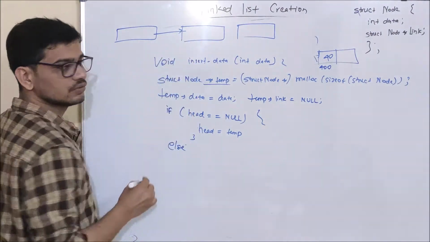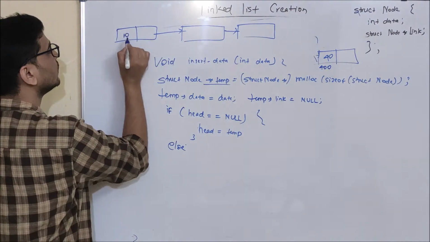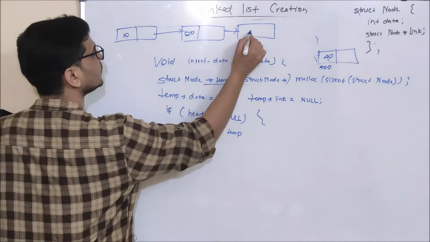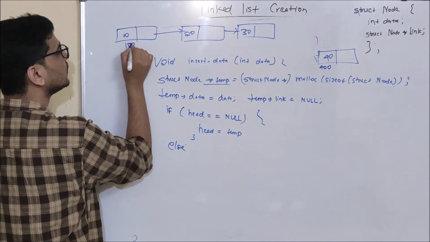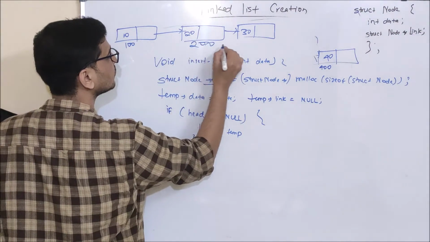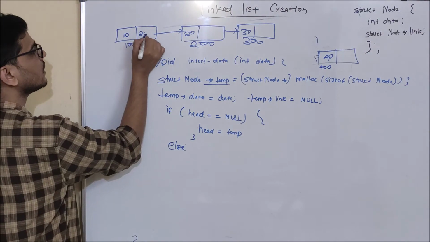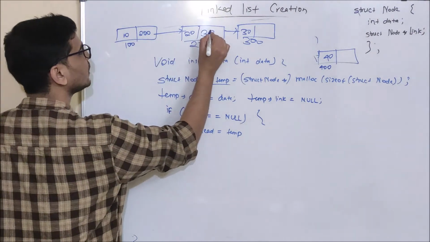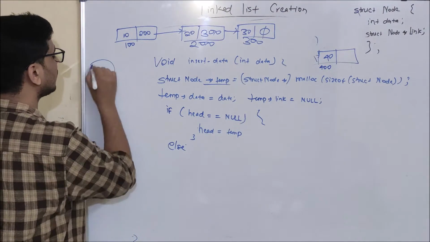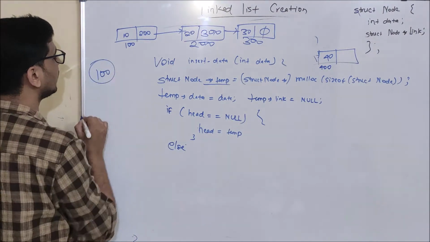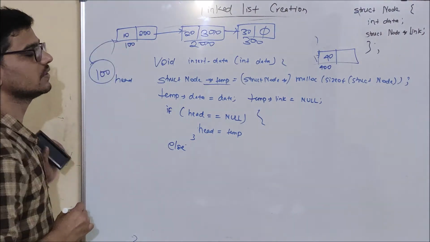First node is pointing to second node is pointing to third node. 10, 20, 30. This is starting from memory address 100, this from 200, this from 300. So basically here I will have 200, here I will have 300, and here I will have null. And this is our head, and in head I will have 100. Okay, that is head will point to the first node.